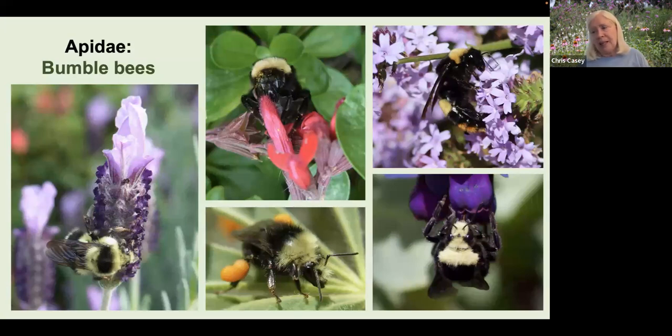And then she fertilizes her eggs in the spring and comes out in the spring to look for pollen, especially because she needs the protein in the pollen for those eggs to develop. And then once they do and the workers hatch, they do the foraging and can support the hive for the rest of the season.